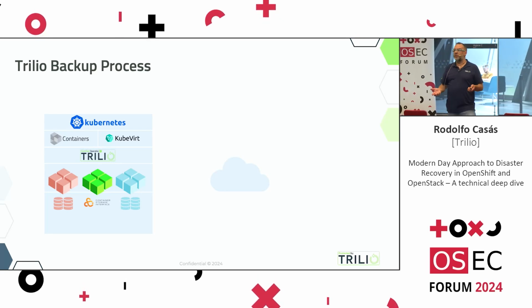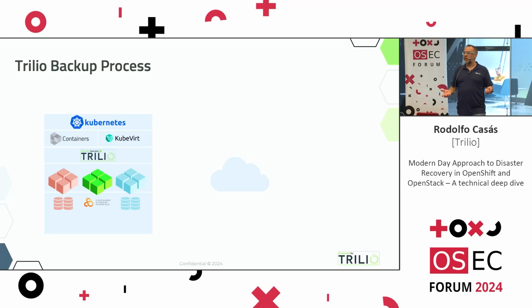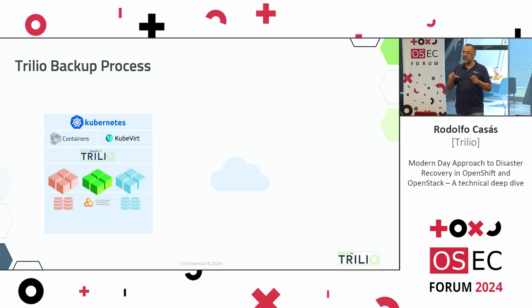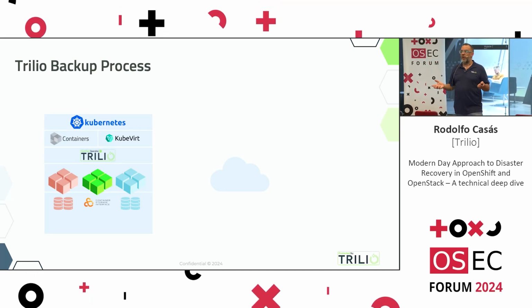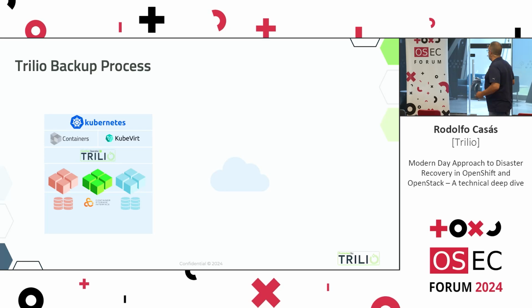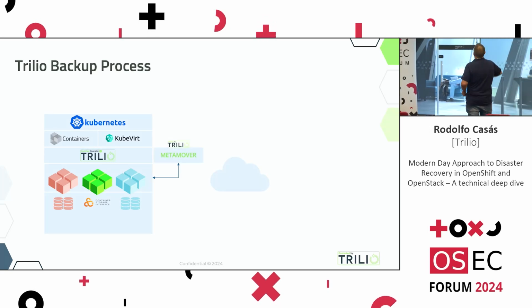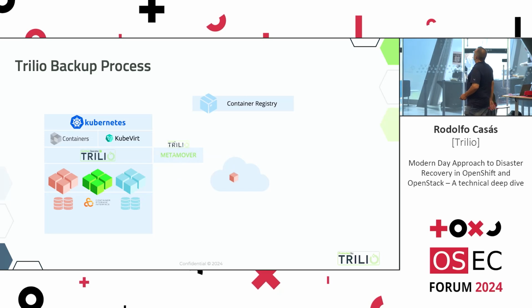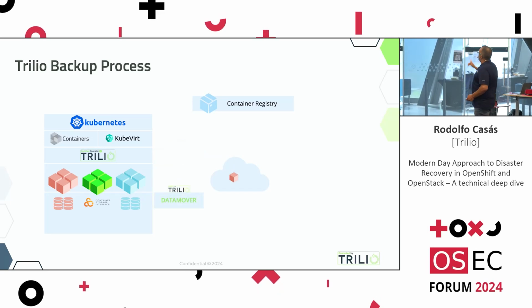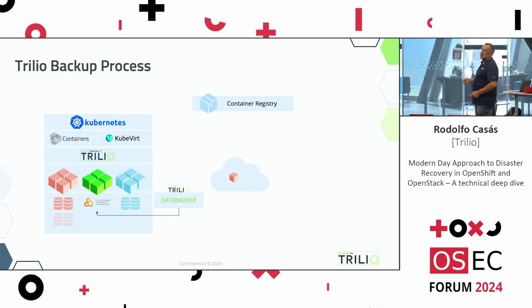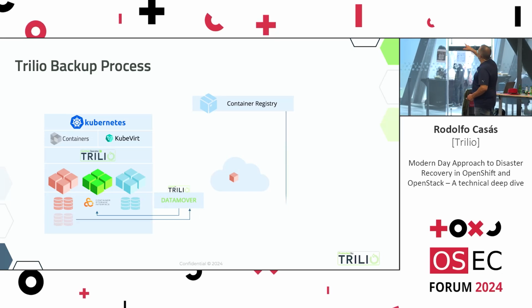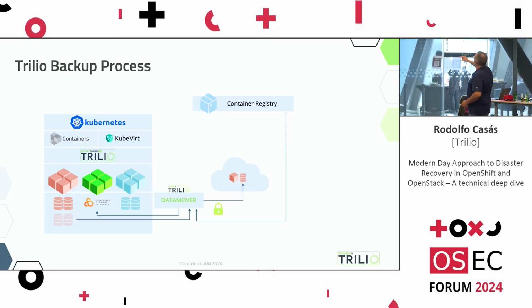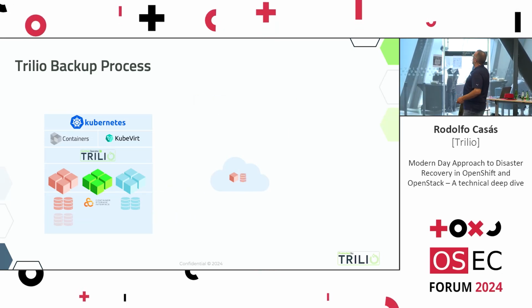So you need the images as well. Or what happens if you want to restore an application from 6 months ago for auditing purposes? That image will not be in the registry anymore. No way, okay? So you need the image backup as well. So we have several temporary pods that will capture all the metadata, will store it in JSON. Then we have the data mover, which will do a snapshot, and we will put the data from the snapshot and the image in the NFS or S3.